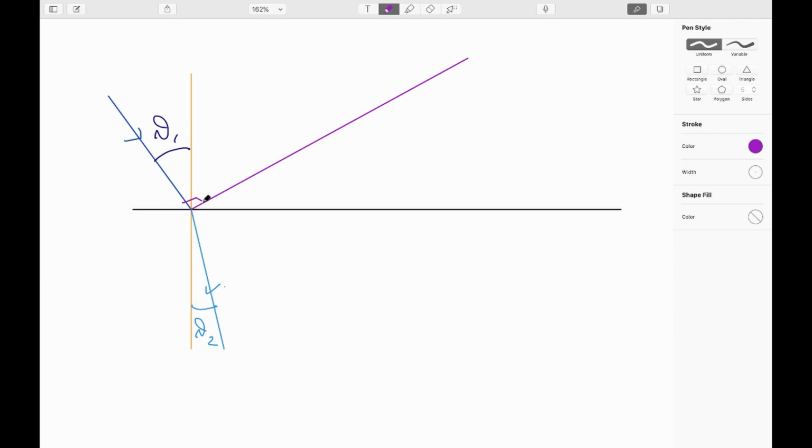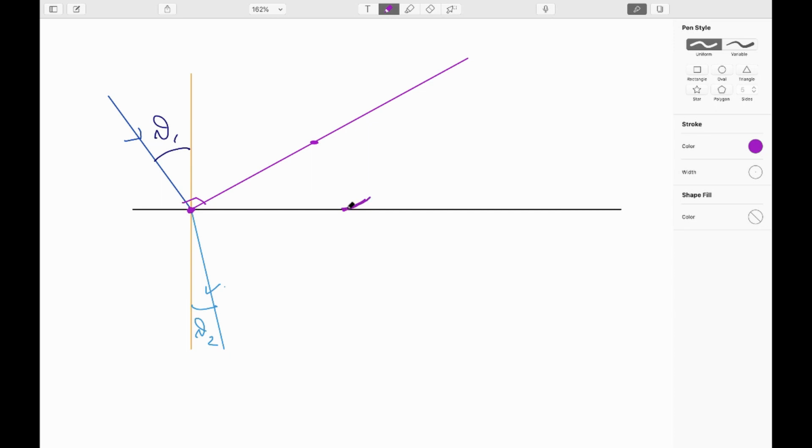And that's perpendicular like that. And let's just see how this propagates. So at this instant right here, where this point is propagating out a wavelet that's going to move forward into the new medium, some point over here, let's say this point right here, will be propagating out a wavelet.